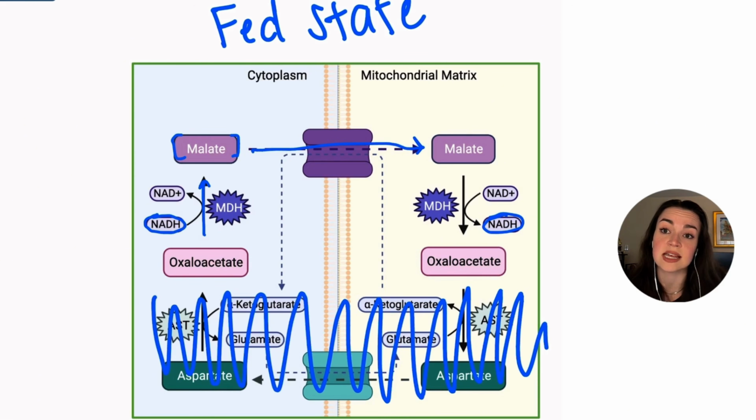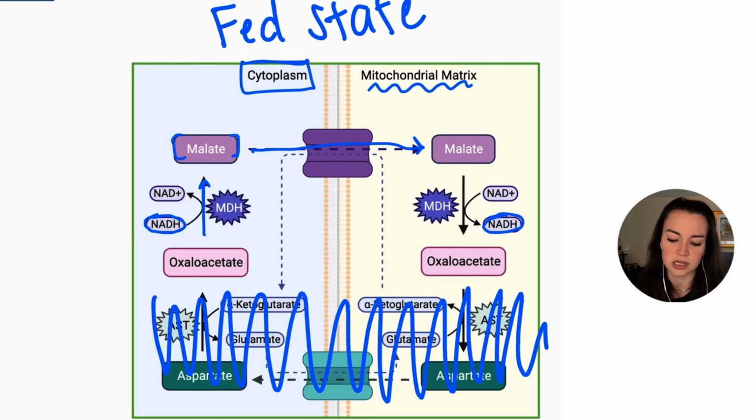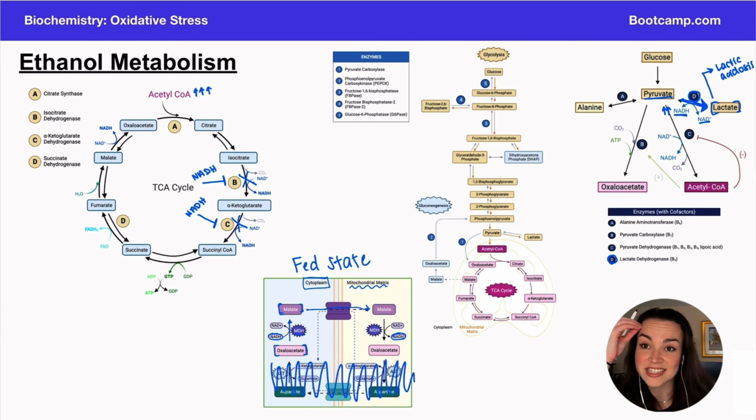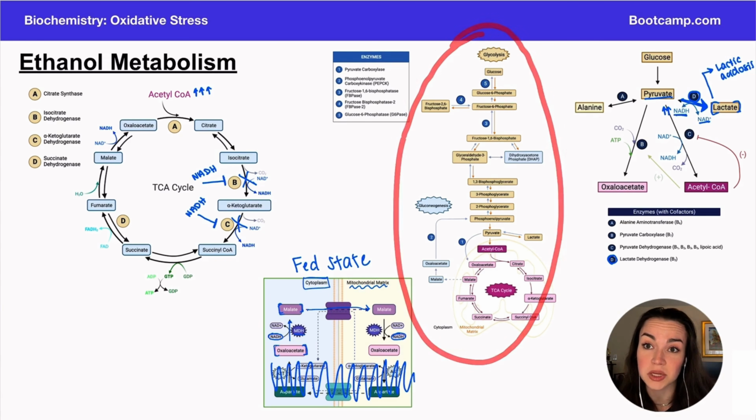So when NADH in the cytoplasm, which is out here, is high, this was the mitochondrial matrix, we're promoting the conversion of oxaloacetate into malate. The enzyme that did that was malate dehydrogenase. So keep that in your mind: when NADH is high, we're promoting the conversion of oxaloacetate to malate in the cytoplasm.